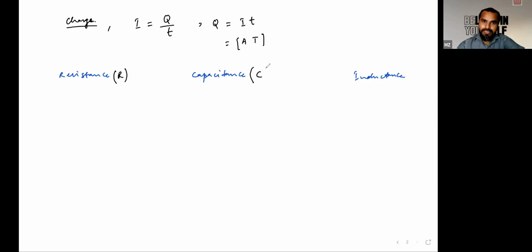It is represented as capital C. Inductance is the property of a coil. Like resistance, it opposes flow, but inductance has the ability to oppose variable current passed through a coil. It is the tendency of a coil to oppose variable current through it, and it is denoted by L.